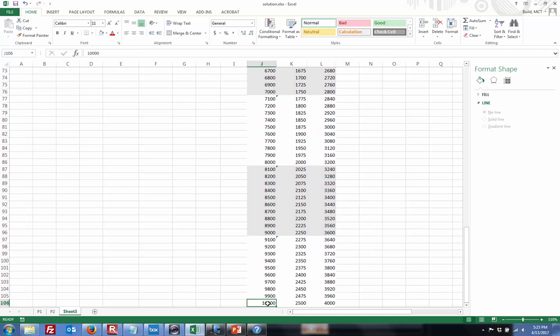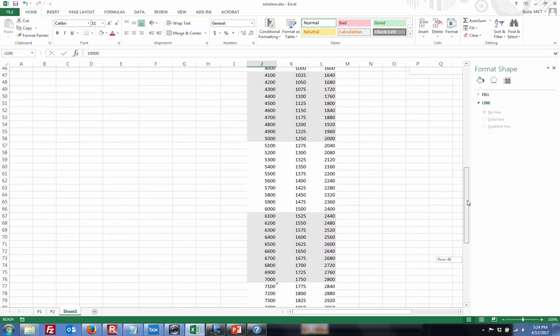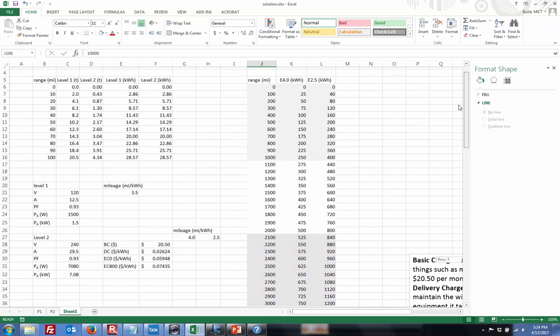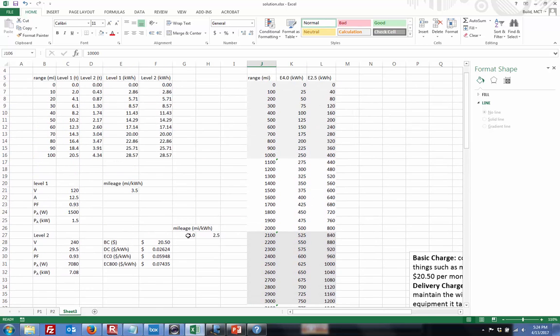Okay, so now what I did, I went ahead and went all the way out to 10,000 miles, and I went ahead and added in both mileages, 4.0 and 2.5 miles per kilowatt hour. So my range starts at 0, goes all the way down to 10,000, and so my energy now is simply the range in miles divided by my mileage in miles per kilowatt hour.